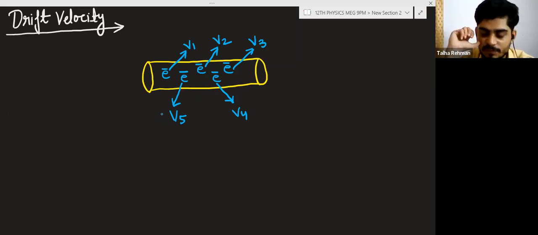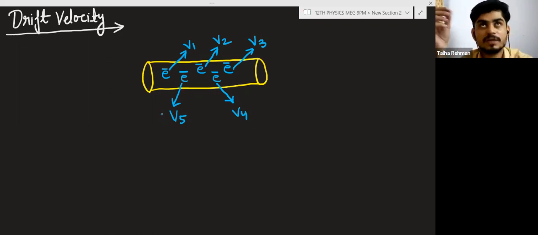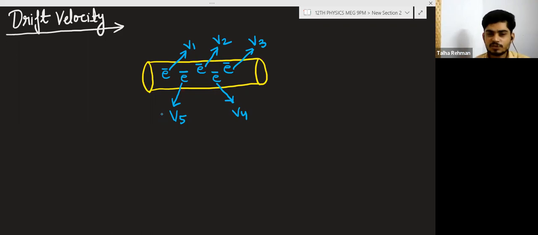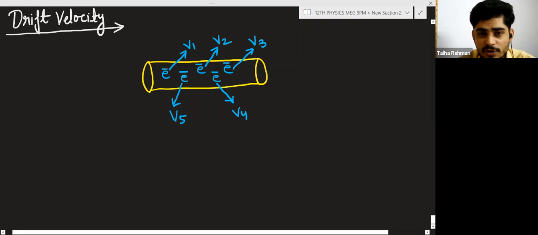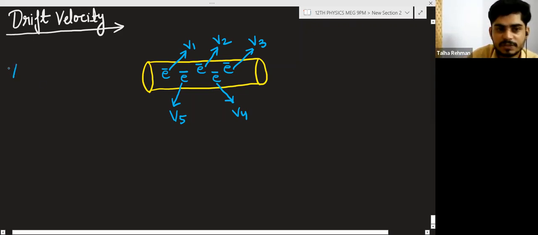Because when you take the conductor, there is a temperature around it. In this room there will be a room temperature of, say, 28 degrees centigrade. Due to this temperature, these electrons get heat energy.